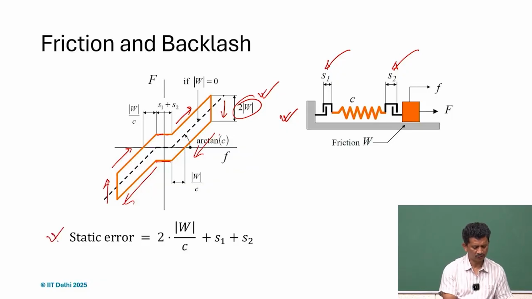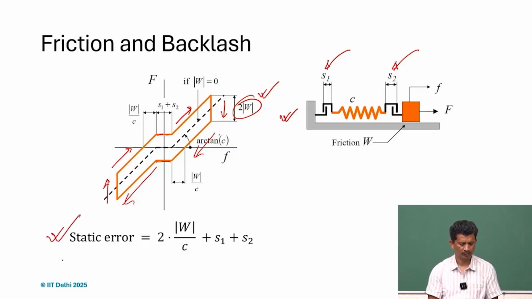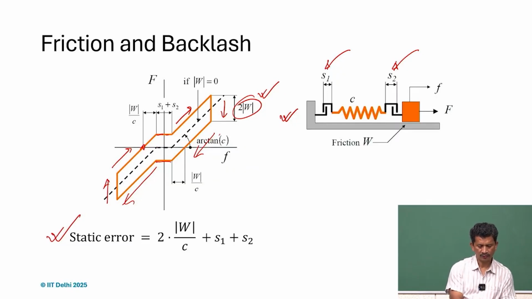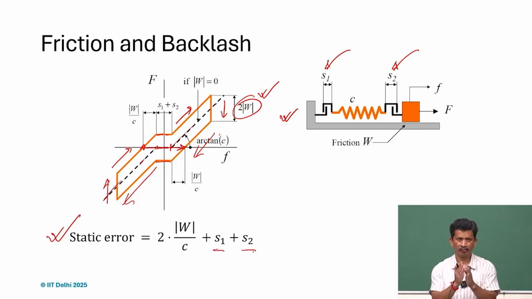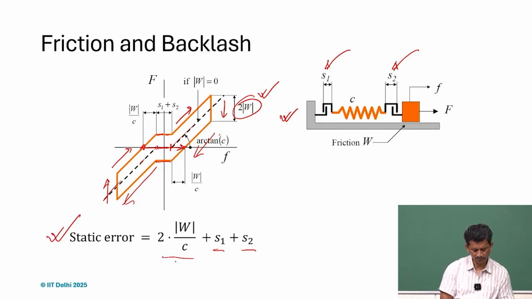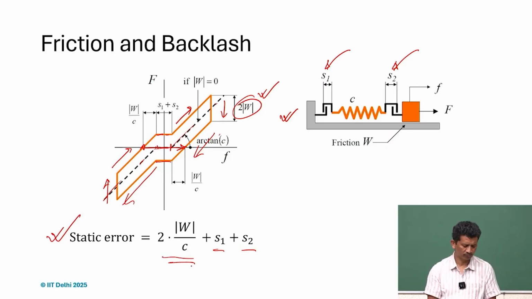So if we look at the total play, it is from here to here. We realize that when W is not there, this is because of the play in the system, S1 plus S2, but we also have to include this component, which is the virtual play associated, 2W by C. So this will be the total uncertainty.